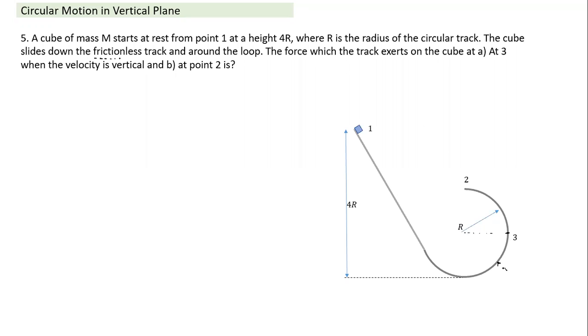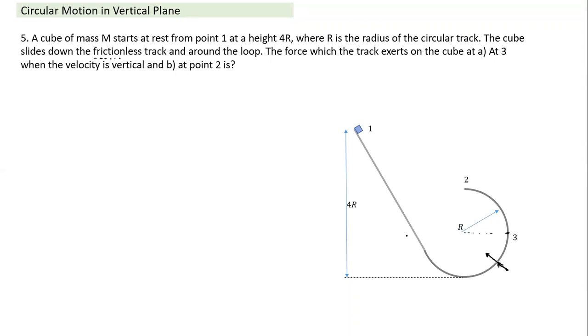But both forces, whether it was tension or normal reaction, are directed towards the center. So as far as motion goes, there's no difference at all. The point of action, rather than the force being like this, the corresponding force because of the track is here, but the rest all remains the same.